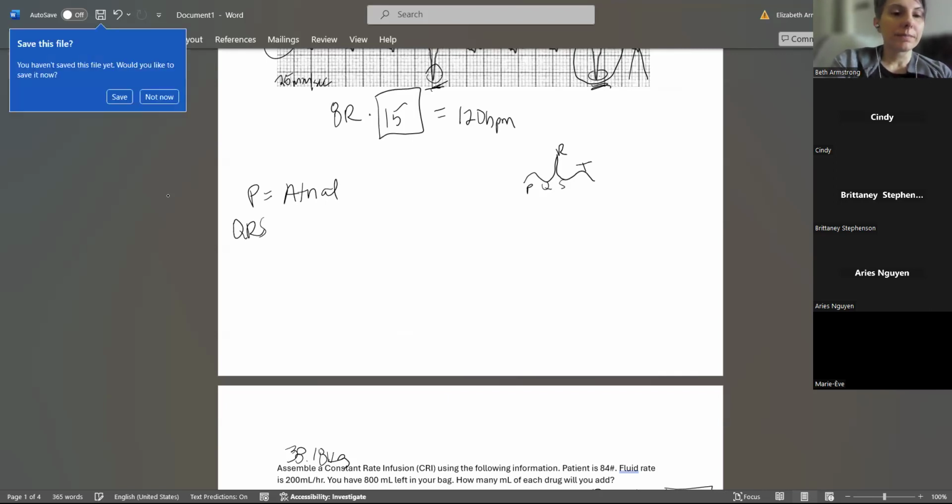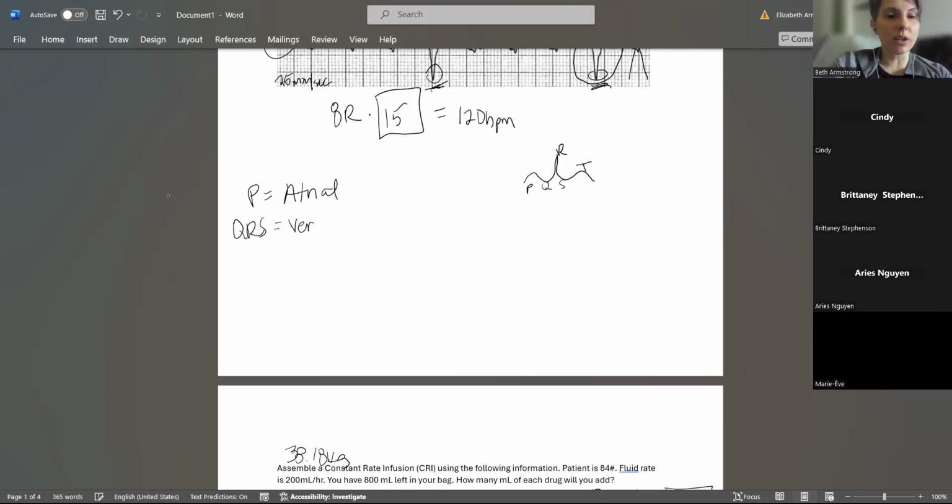QRS. The QRS, remember, is ventricular depolarization, and atrial repolarization is in there. So the atrium is repolarizing to do the next beat, but the ventricles are depolarizing at the end. So if there's something wrong with the QRS, it's a ventricular issue.